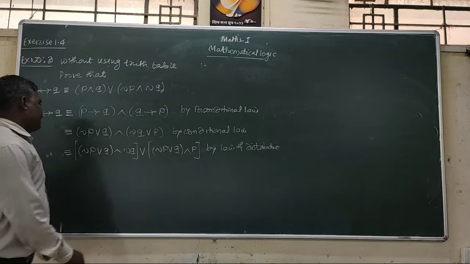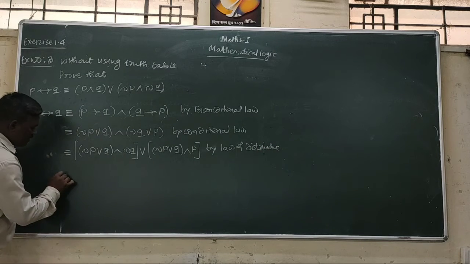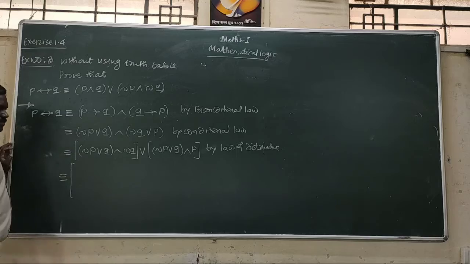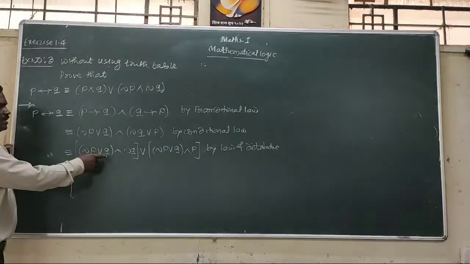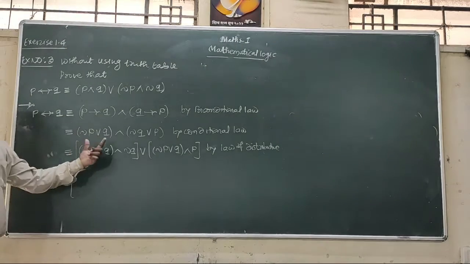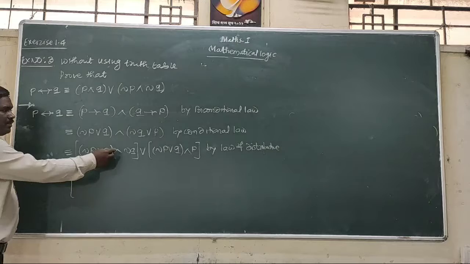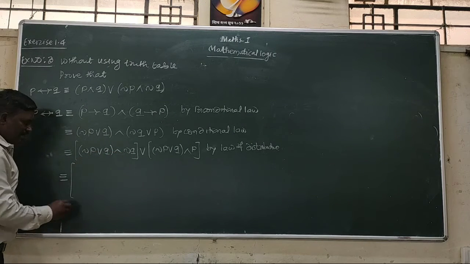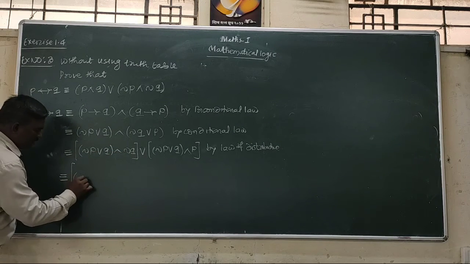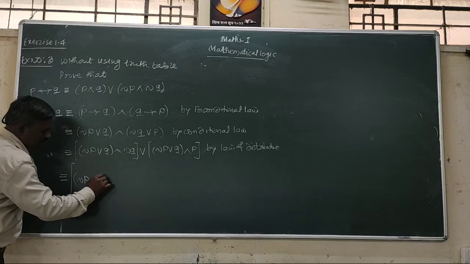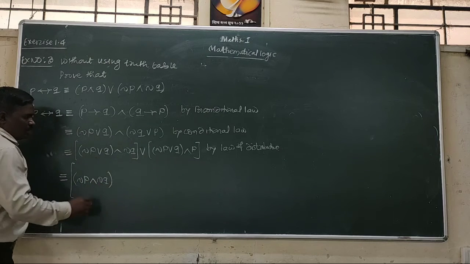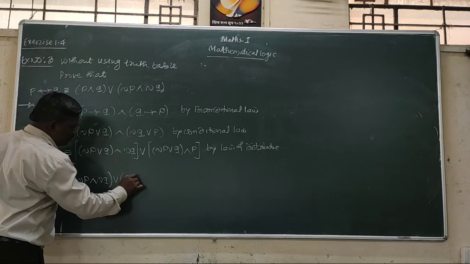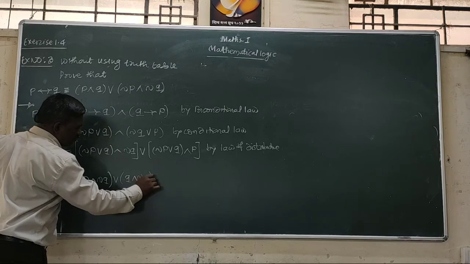Okay, therefore which is equivalent to, again use here the law of distributive. Therefore this conjunction negation Q, distribute this bracket. Therefore in bracket negation of the P conjunction negation of the Q disjunction Q conjunction negation of the Q.